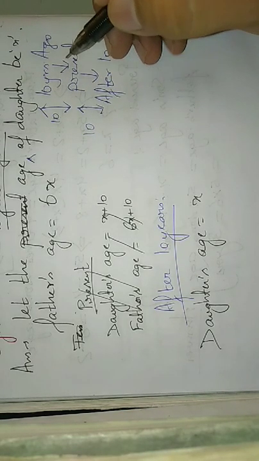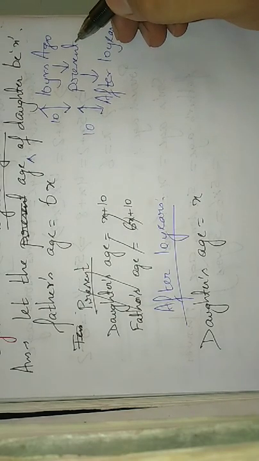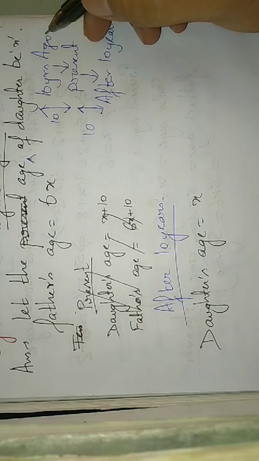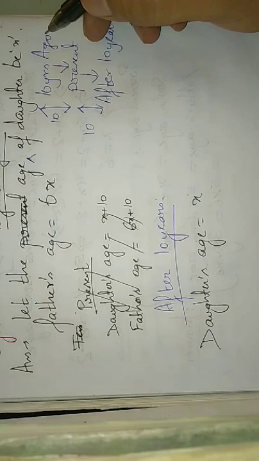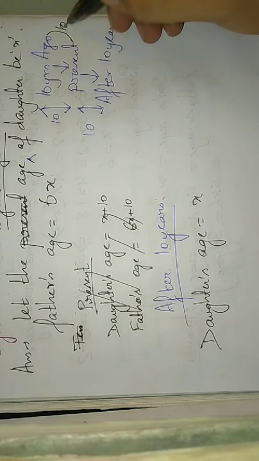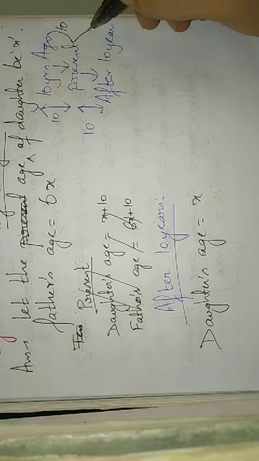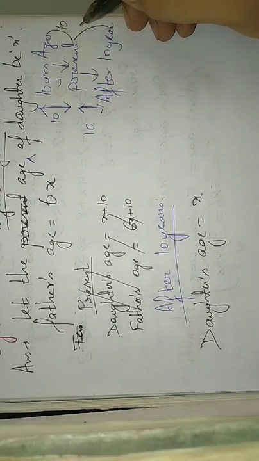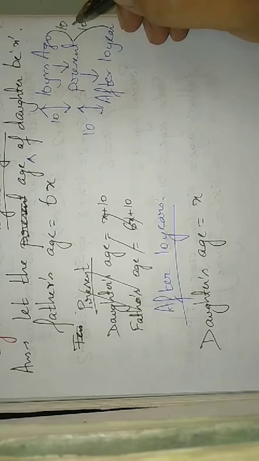From this 10 years to present, before 10 years they told, means from present they went over here. After 10 years means from present they came over here. So 10 years gap over here, again 10 gap. From the present they went into the future, so one more 10-year gap. 10 plus 10, 20.